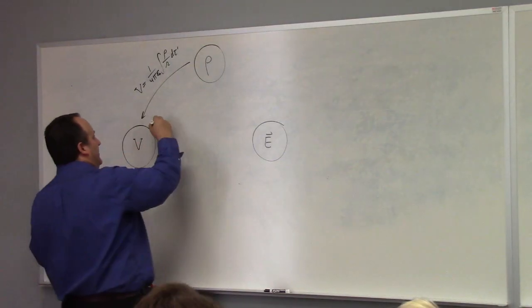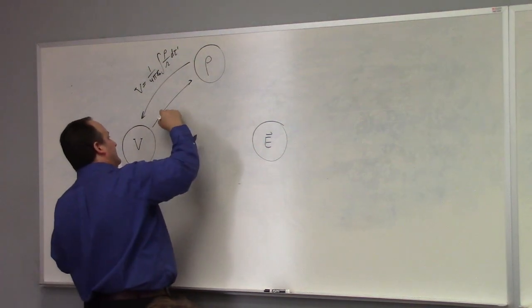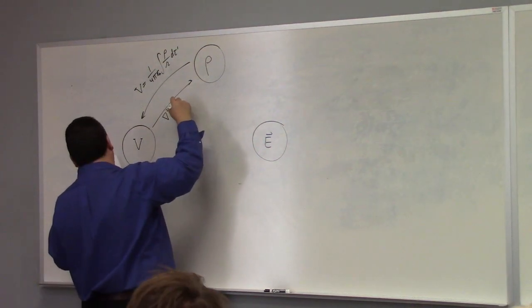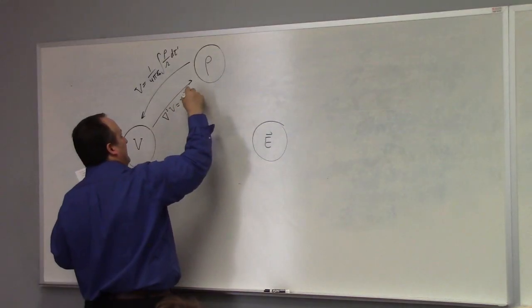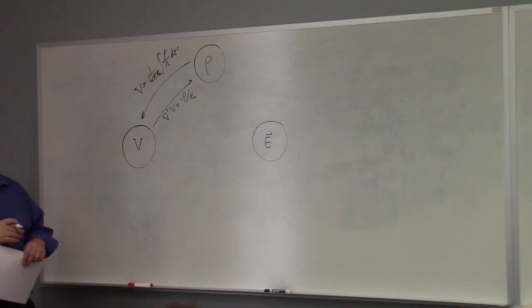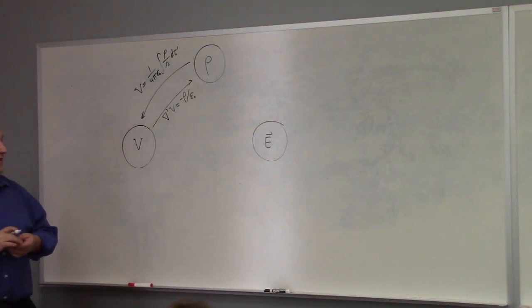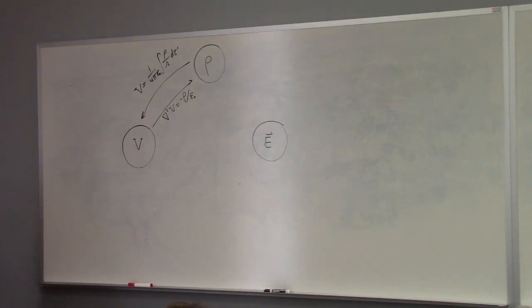If you want to go the other way, what do we do? Remember that the Laplacian of the voltage is equal to minus density divided by epsilon naught. So to go the other way, if you just calculate the divergence of the gradient of the voltage, you've got the density after you suitably multiply by epsilon naught and put a minus on it.